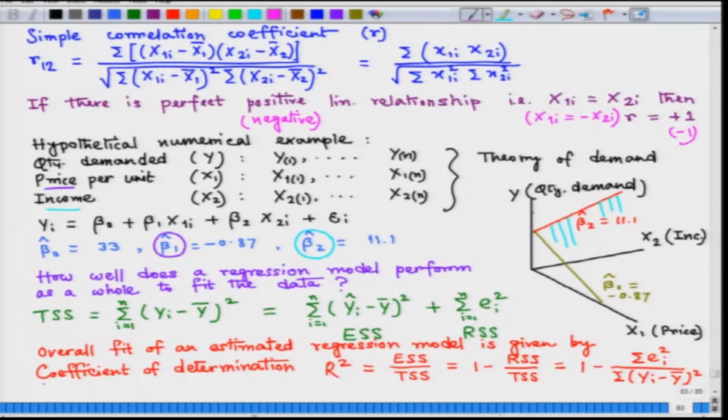So, by these two facts I can safely write that my coefficient of determination actually lies between 0 and 1.